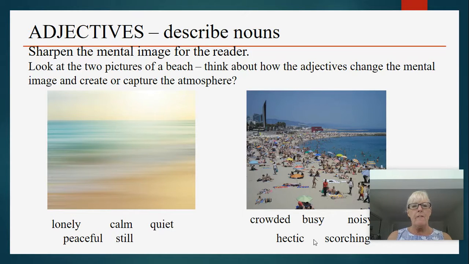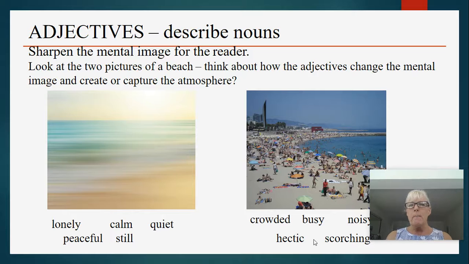We can really feel that that is creating for us in our mind's eye a kind of mental picture of a very calm water and maybe an empty beach. Whereas in the other picture, we've got words like crowded, busy, noisy, hectic, scorching. And you can see there are lots and lots of people on a beach and in the water. A totally different type of atmosphere might be going on in that picture.